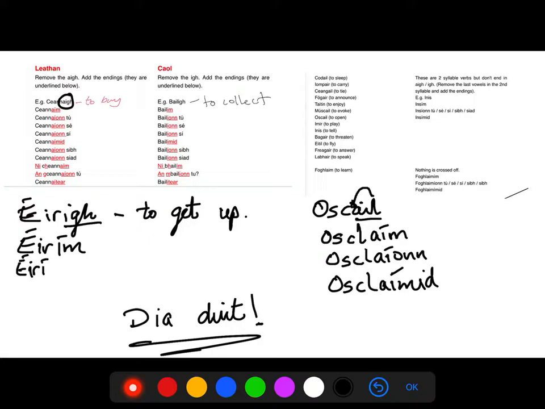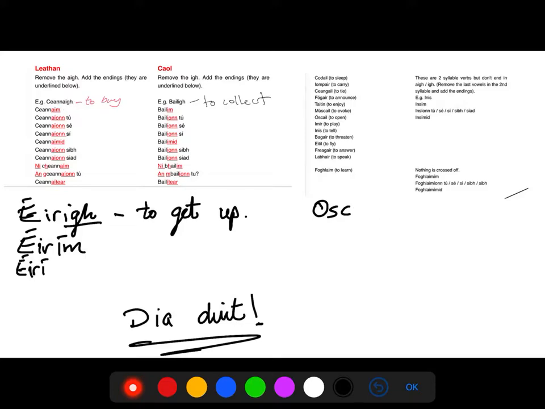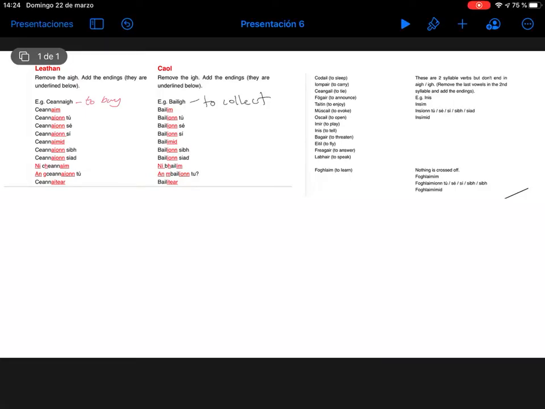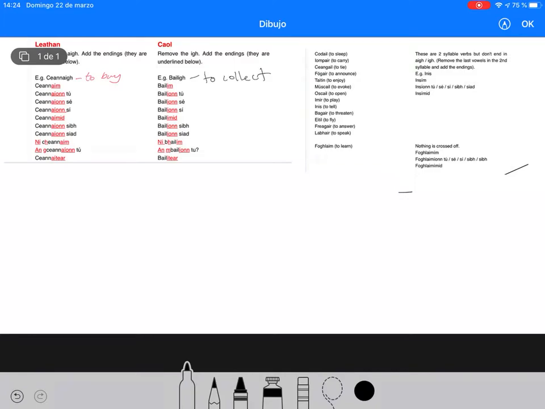Okay, so let's have a look at one that is a slender one of these. So let's look at Eitil, to fly.